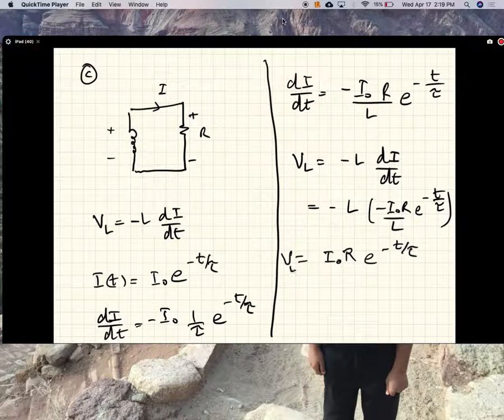So there is VL, and I'll need to add another page.